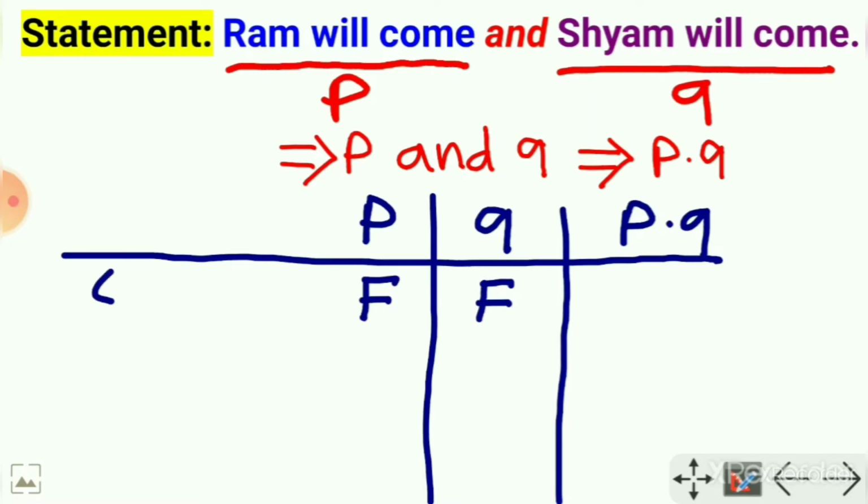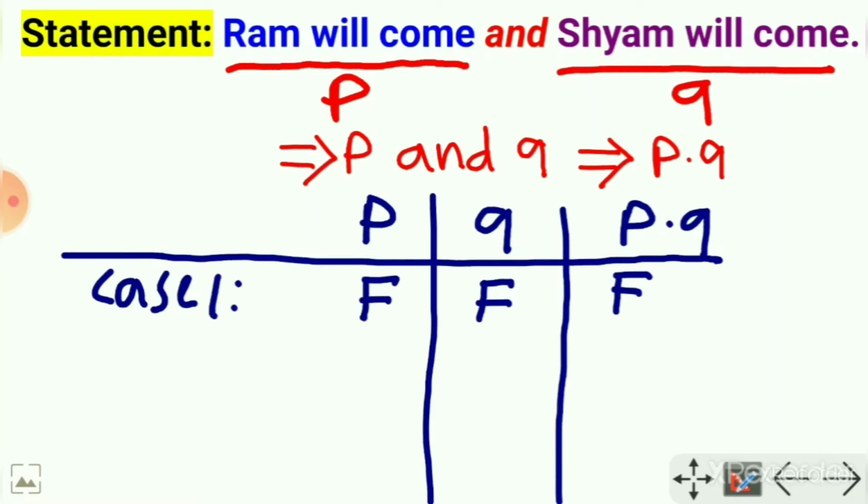I am writing it down. Case 1. So if P statement is false and Q statement is false, that means neither Ram nor Sam came today. So the statement I told you yesterday is false. That means P dot Q is false.